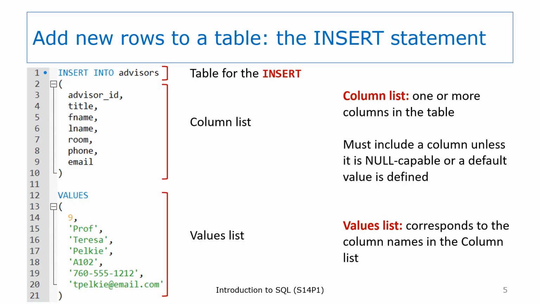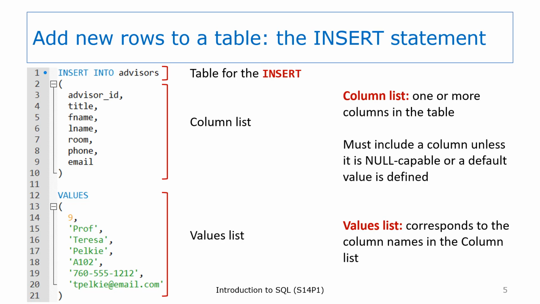There are some other things you need to be aware of when specifying values. In this example, the title column is defined as an enum data type, meaning that there are only a few values that can be specified. For the advisors table, the possible values for title are the abbreviations for Doctor, Professor, Mr., Mrs., and Ms. Another issue is with the character columns.